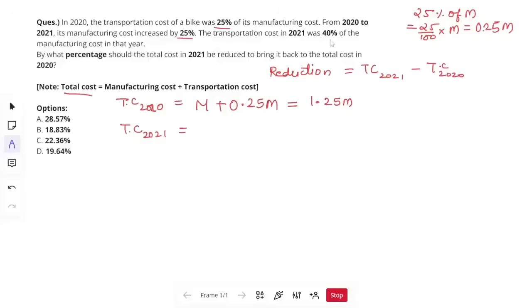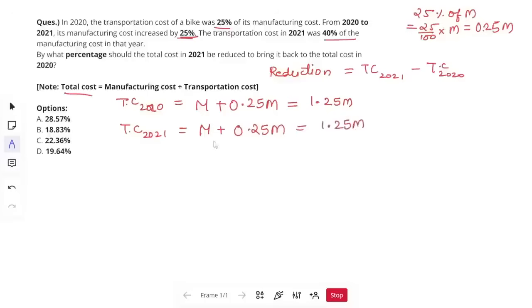So the manufacturing cost in 2021 will be M, again because we are not given the manufacturing cost here also, so we consider it in terms of M, and then we will add 25%, because it is increased by 25%, so 0.25 M. This will also be 1.25 M.